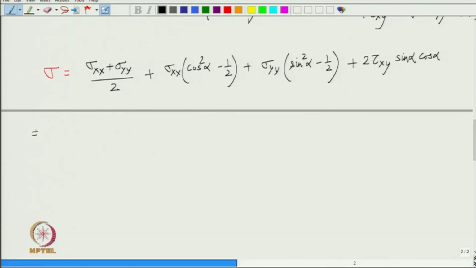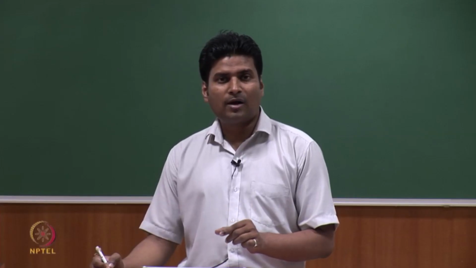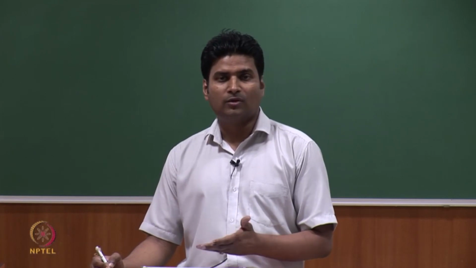So, this implies sigma is sigma x x plus sigma y y by 2. Now comes the thing, this cos square alpha minus half, use trigonometry, and what is it? 2 cos square alpha minus 1 is cos 2 alpha.